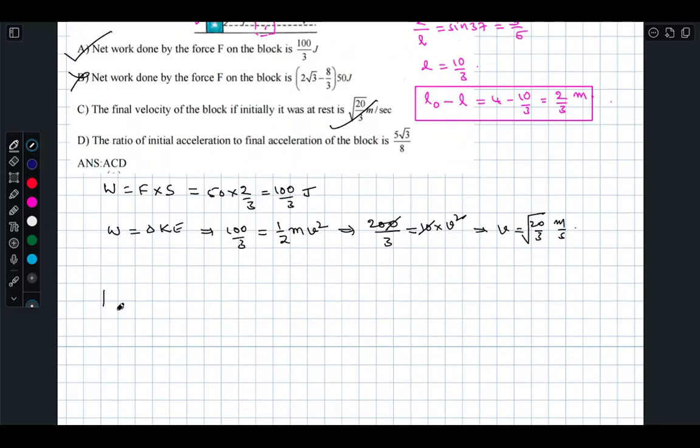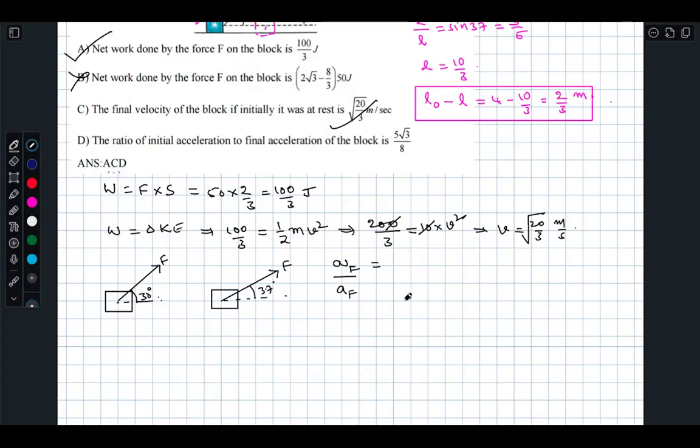Simple. Initially, this is your block, and this is the force that you are applying, which is a constant, at 30 degrees. Finally, this is the block, force F, that makes an angle 37 degrees. See, acceleration initially by acceleration finally is nothing but the ratio of the forces.